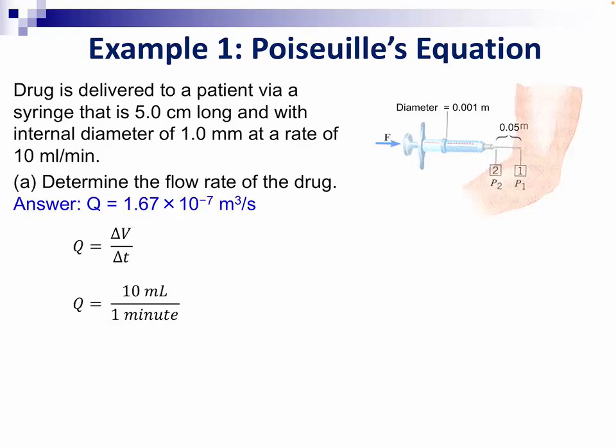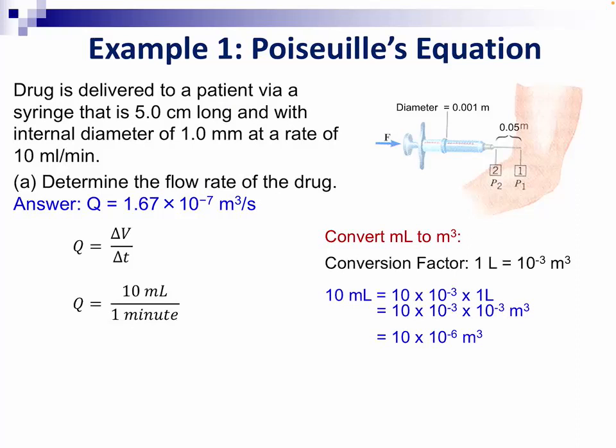So it's, again, just a business of converting units, converting milliliters to cubic meters and minutes to seconds. The prefix milli is 10 to the minus 3. So 10 milliliters is 10 times 10 to the minus 3 of a liter, and you need to convert liters to cubic meters.